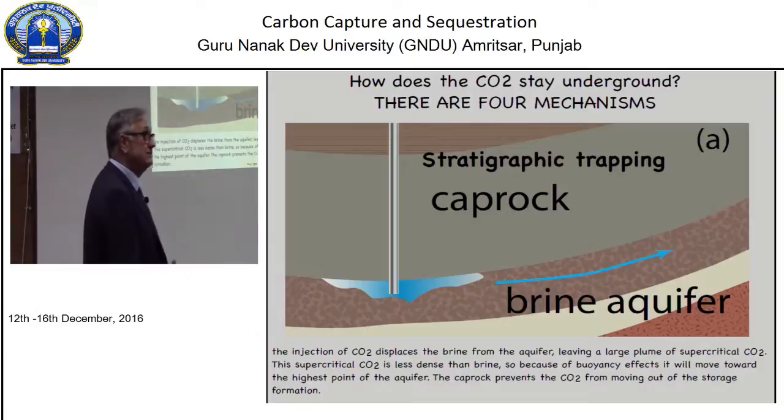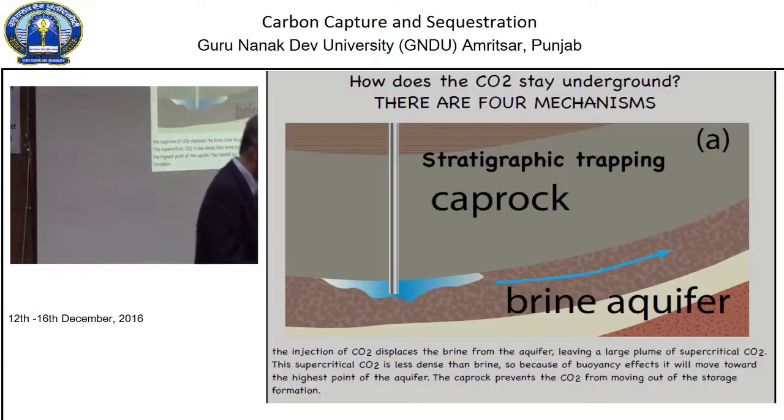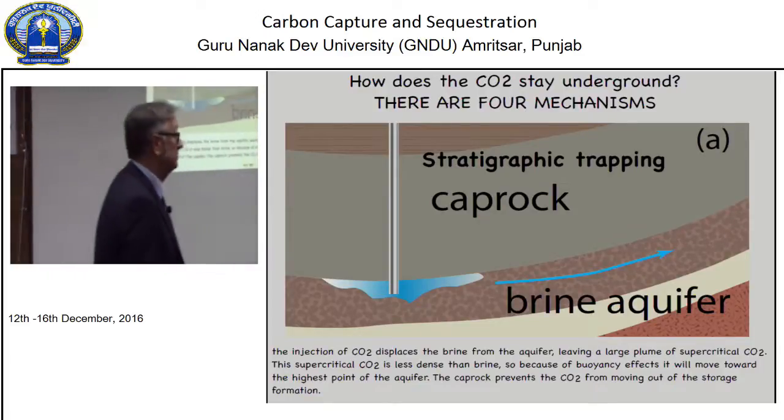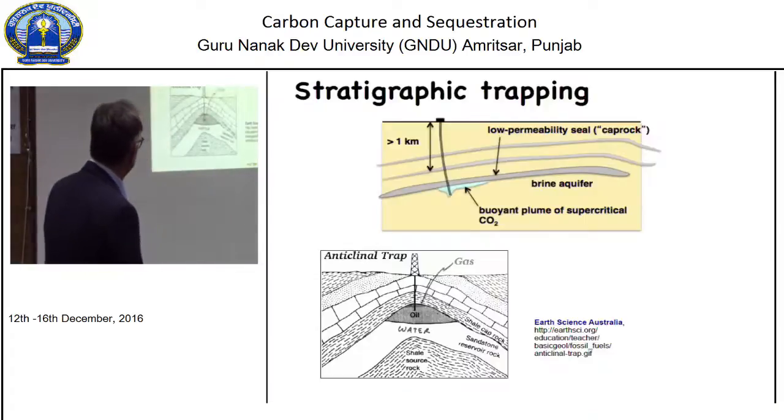So the first thing you need to do as a geologist is understand the geology underneath you and ask where are there layers of rock which have cap rock, I'll say more about its chemistry in a minute, and porous, briny material underneath it. That's the target place where you can put CO2. Here's another picture of that. Here's the buoyant plume of CO2 in the brine aquifer, and right above it is the cap rock seal.